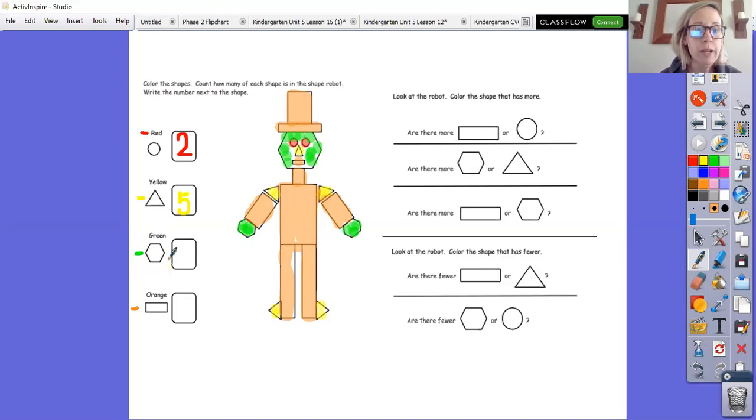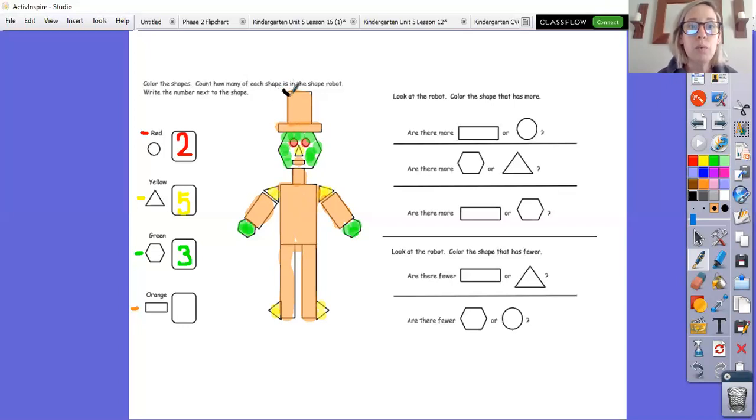The next one we have is a green hexagon. How many green hexagons did we have? So we have 1 big one for his face and 2 more. So that makes three green hexagons. All right, and our last one, we have orange rectangles. Let's count. I'm actually going to make a little slash on each one because that's what I would do if I was using my pencil and paper on this.